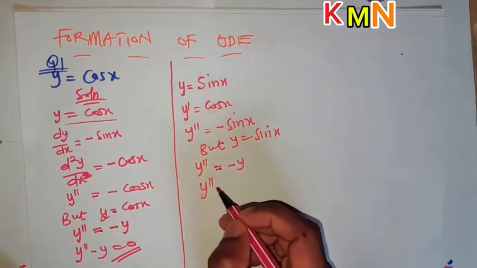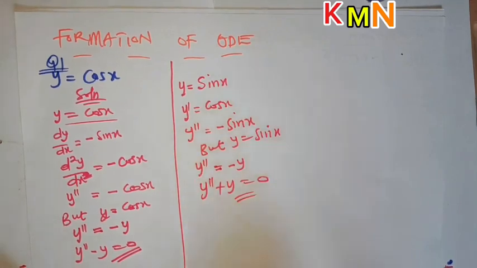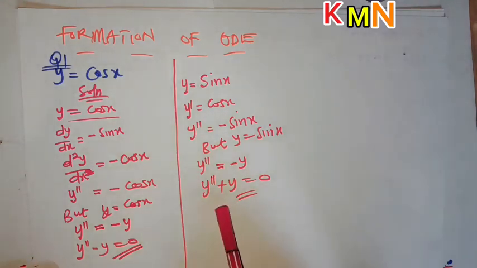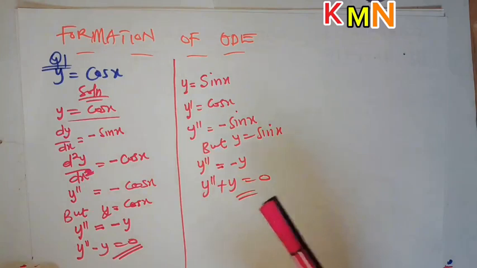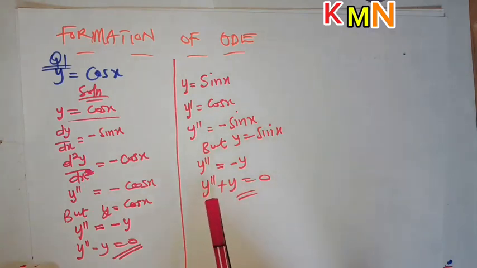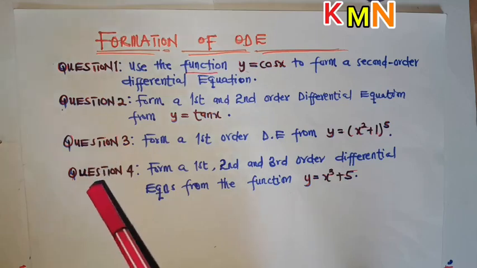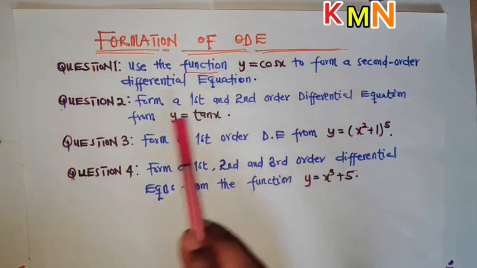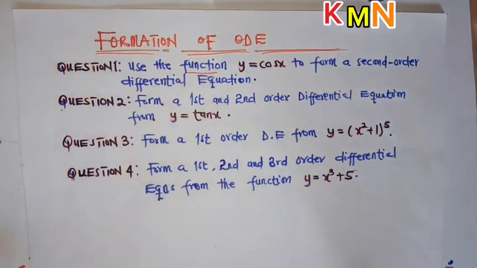Y prime prime plus y is equal to 0. That's very simple. So this is how you will be able to form a differential equation from any function given, and this is second order because the highest derivative is what? 2.